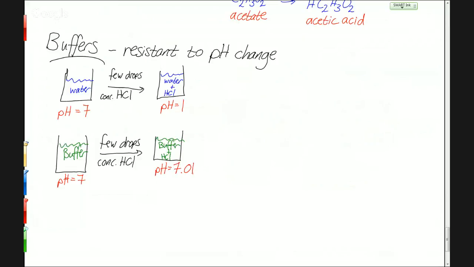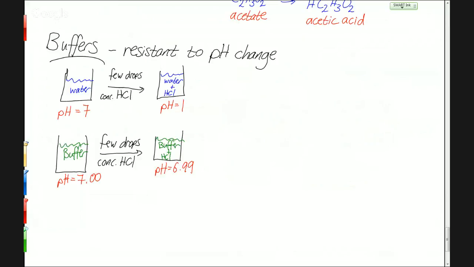Yeah, maybe it decreases a little tiny bit because it's acid. So maybe it just goes down a tiny bit, but it still pretty much stays the same. That's the advantage of a buffer. A buffer is a kind of solution where you can add more acid or add more base to a certain point, but the pH stays the same.